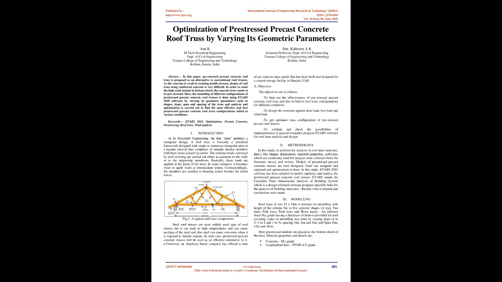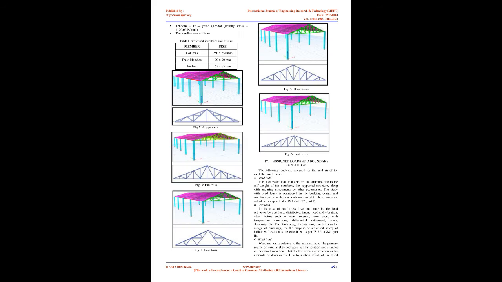In this study, ETABS 2018 software has been adopted to model, optimize, and analyze the prestressed precast concrete roof trusses. ETABS stands for Extended Three-Dimensional Analysis of Building Systems, which is a design-oriented software program specially built for the analysis of building structures. Results were evaluated and conclusions were made.